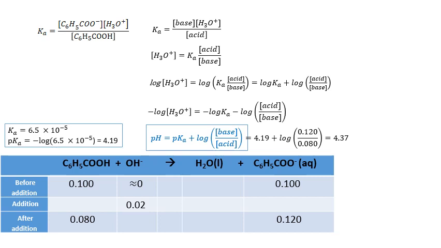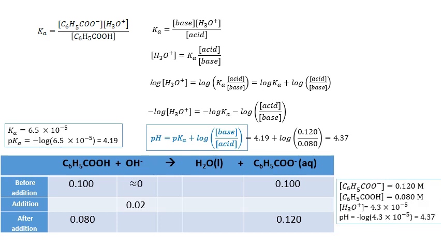They don't change. You mix 0.1 and 0.1, you get 0.1 and 0.1. You add some base and it's 0.080 and 0.12, you can use those values directly in the Henderson-Hasselbalch equation. Inherent in that is the x is small approximation, but it's generally very, very good.